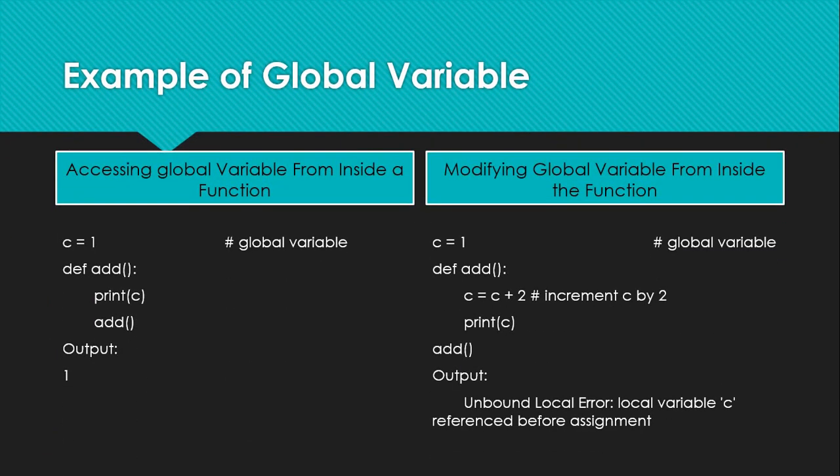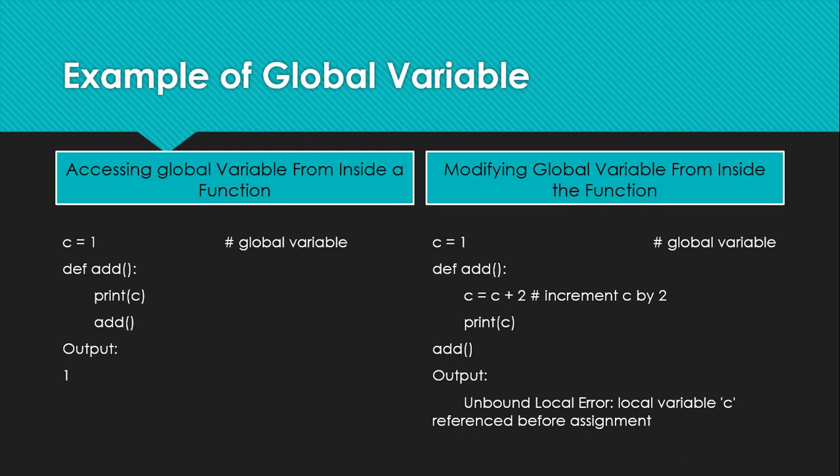Now look at this example of global variable. There are two examples on screen. The one on the left hand side is how to access a global variable from inside a function. Okay, c is equal to 1 is a global variable. Add is a function that you have defined. Print c you have given inside the function, and you're going to call the function add.